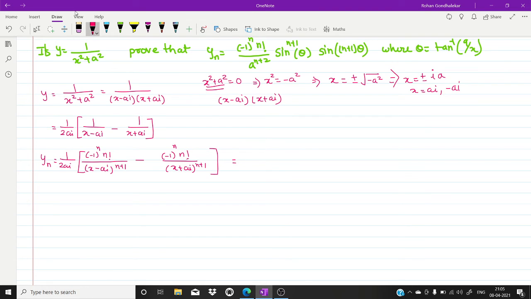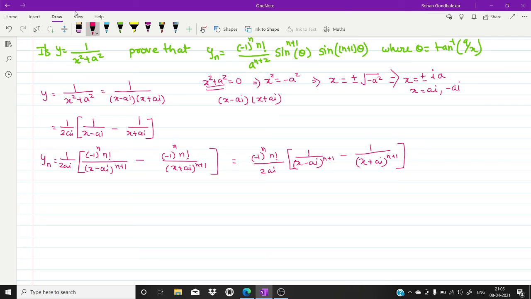So one can write this as minus 1 raised to n into n factorial divided by 2ai into bracket 1 upon x minus ai bracket raised to n plus 1 minus 1 upon x plus ai bracket raised to n plus 1. Now I simplify each term separately.